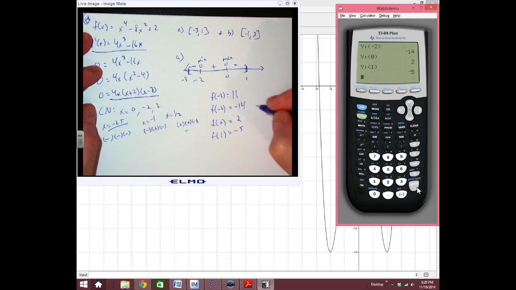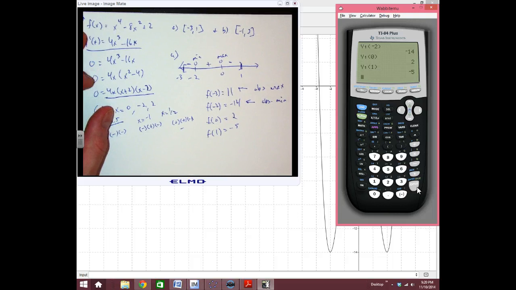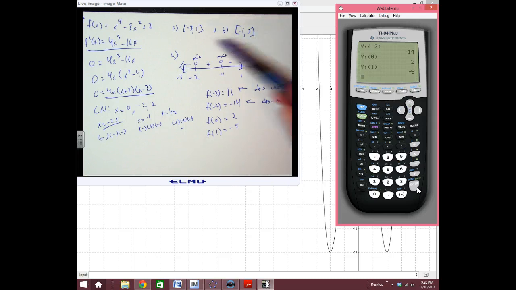So in our graph, this is our absolute minimum. This is actually our absolute maximum. Okay, and that was one of the parts of the extreme value theorem, is that if you have bounded regions, you're guaranteed to have a maximum and a minimum.